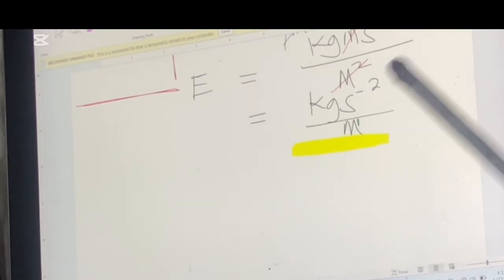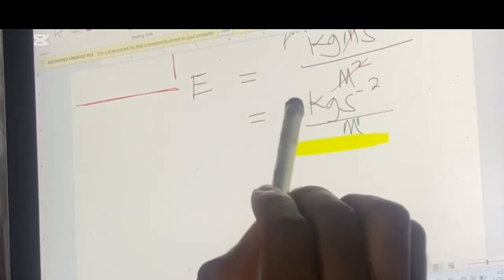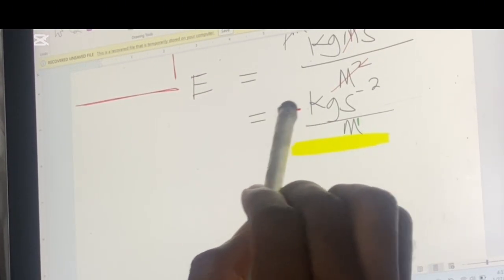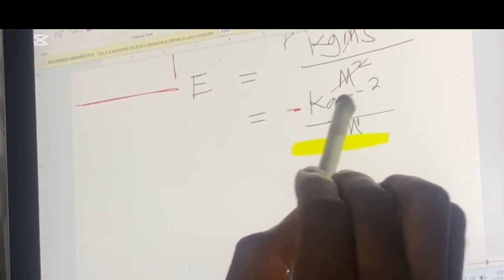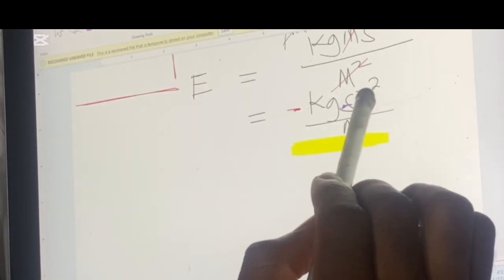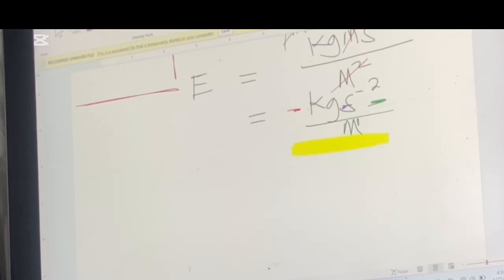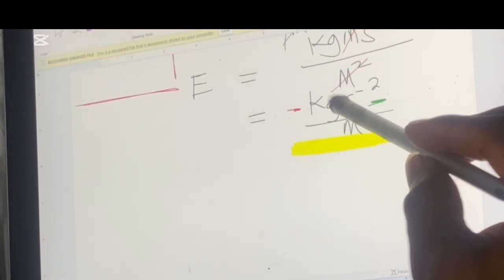But the question now is, if I'm taking this m raised to 1, is it going to be before kg, or is it going to be in the middle of kg per second, or is it going to be after per second square? So some of you guys failed. Some of you said it's going to be here. Some say it's going to be here.